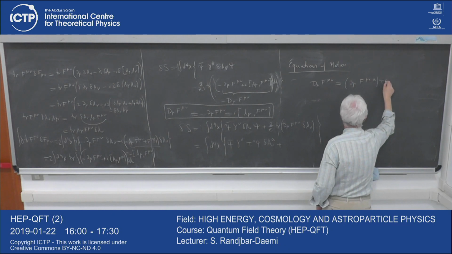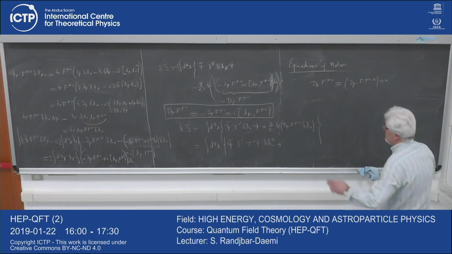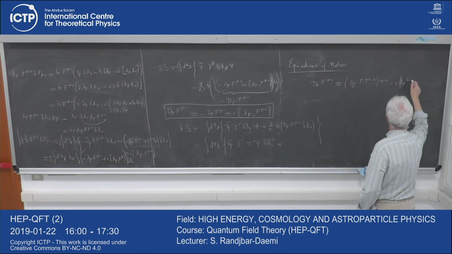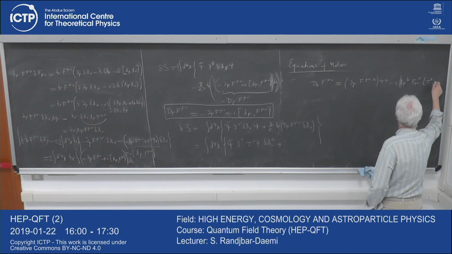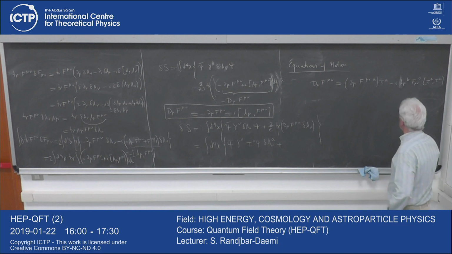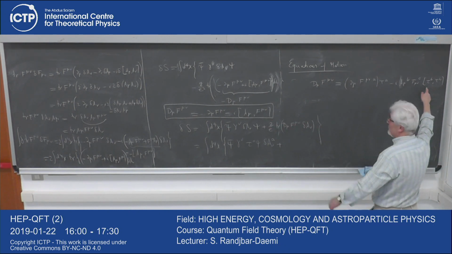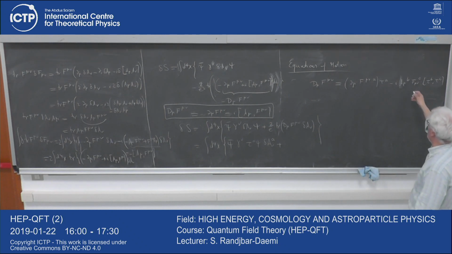So the derivative, of course, these taus are constant matrices. It will be simply that. The second term will have A mu B, F mu nu C, the commutator of tau B and tau C. Substitute for A mu B tau B, or F mu nu C tau C, and then these are functions, they come out of the commutator.